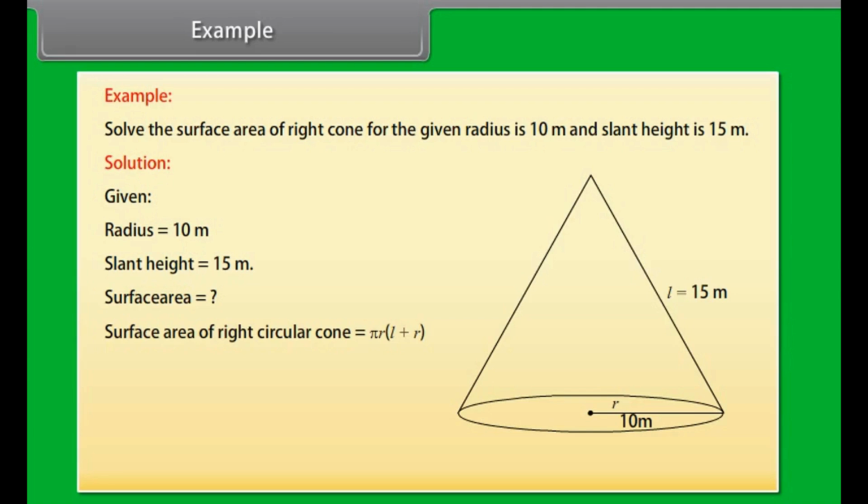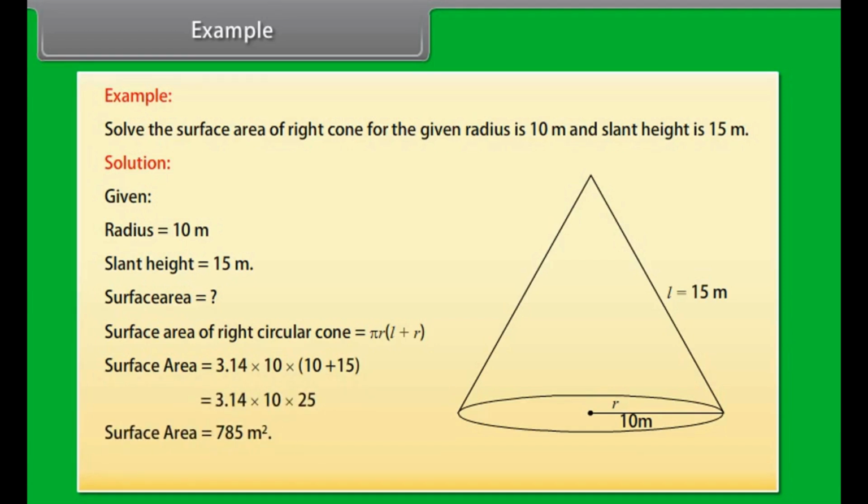Therefore, by substituting the values we get, surface area is equal to 3.14 into 10 into 10 plus 15. By solving this, we get surface area is 785 square meter. Therefore, the surface area of the right cone is 785 square meter.